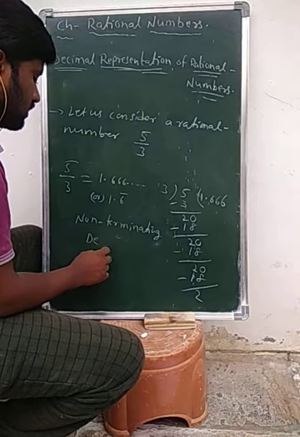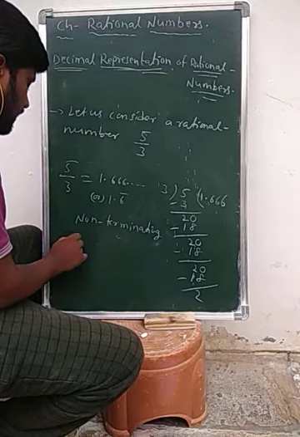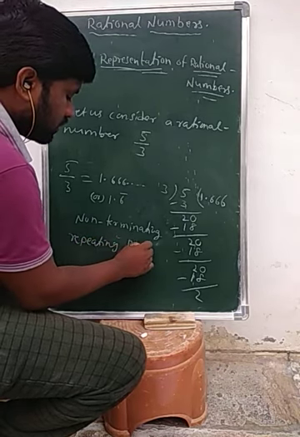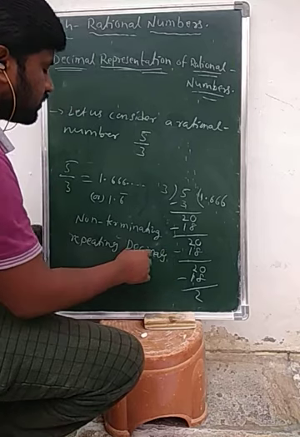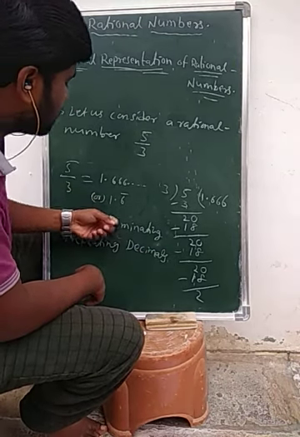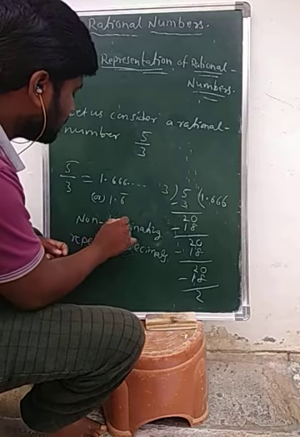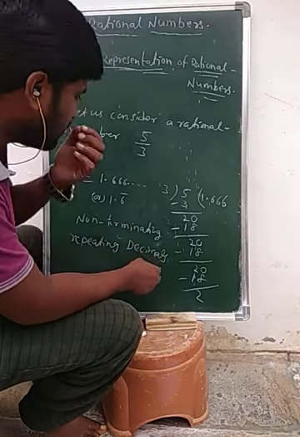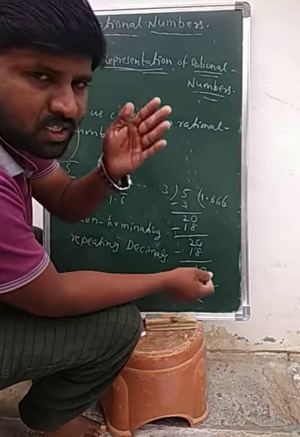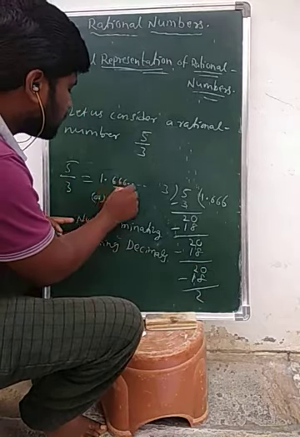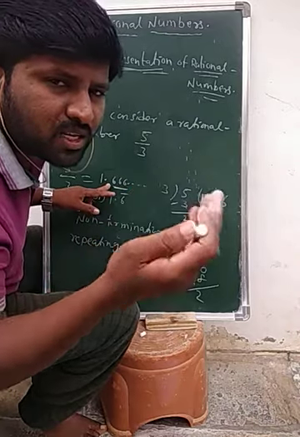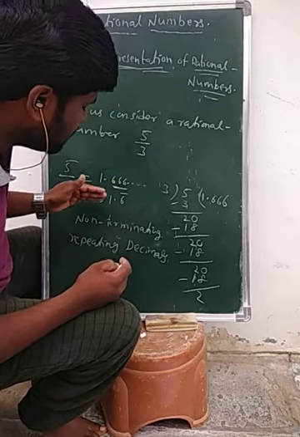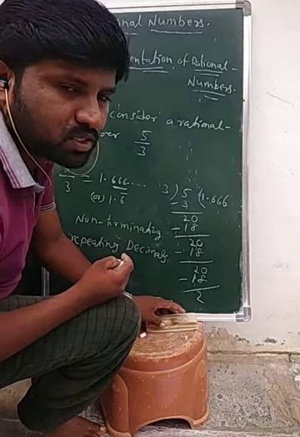Non-terminating repeating decimals, or recurring decimals. Unlike a terminating decimal, here in the decimal places there is no finite number of decimals, there are infinite decimals, since 6 keeps coming, so this is a non-terminating repeating decimal.